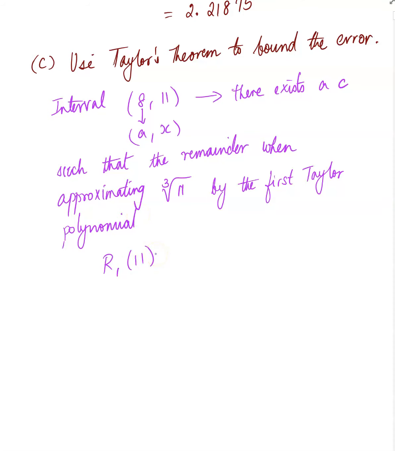It's Rn of x. N here is 1 because we're looking at the first Taylor polynomial. So R1 of 11.